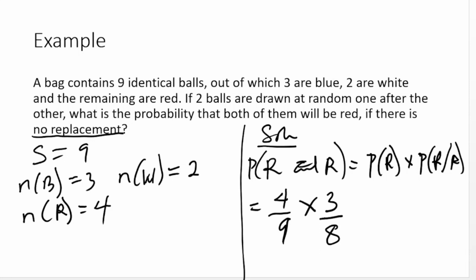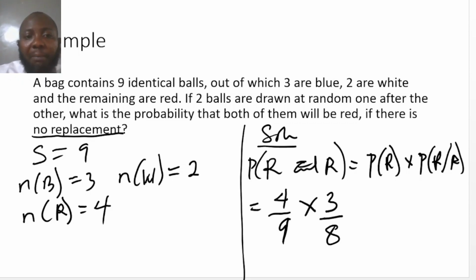So if care is not taken, you miss it. I'll repeat again. When you pick the first red ball, you have reduced the number of balls in that bag.